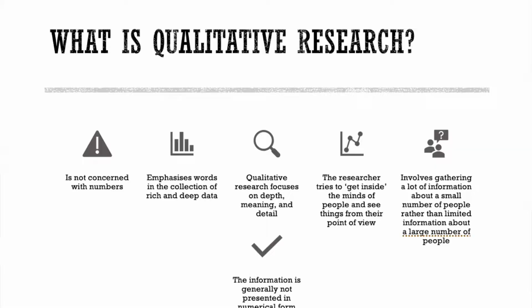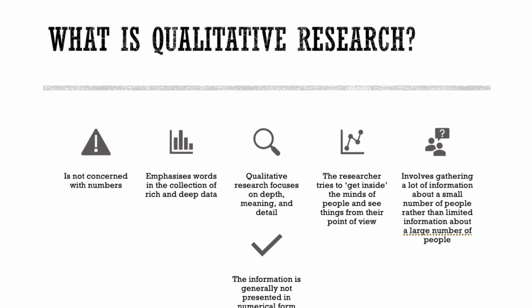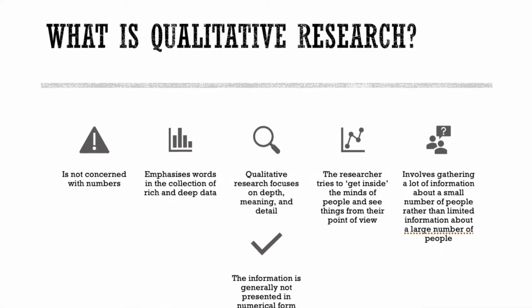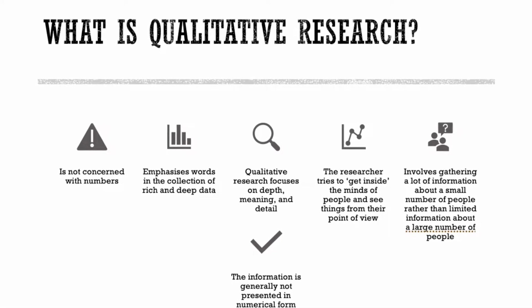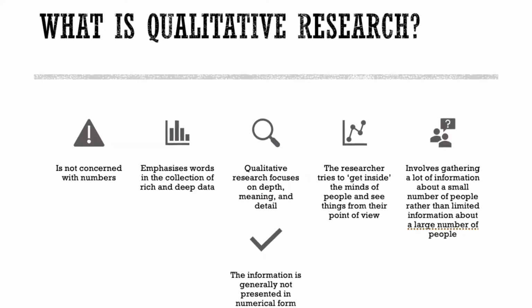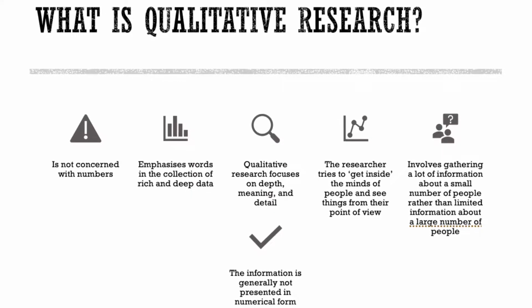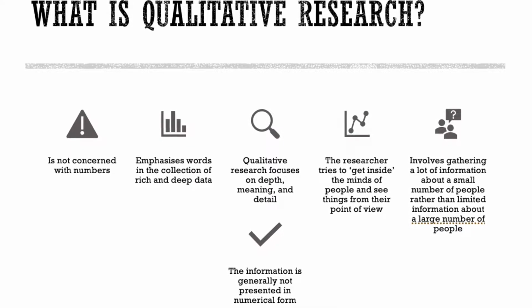So let's start off by looking at what is qualitative research. Qualitative research is not concerned with numbers. Instead, it emphasises words in the collection of rich and deep data. Qualitative research focuses on depth, meaning, and detail.